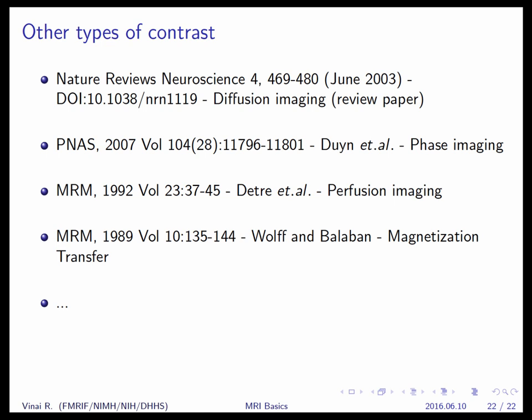There are certain patterns of pulses that will enhance certain types of contrast. For example, if you play a radio frequency pulse and you read out very quickly, as Peter was saying earlier, that's very proton density weighted. If you wait a little bit longer, then you can be T2 or T2 star weighted, depending on if you have another pulse in between there.